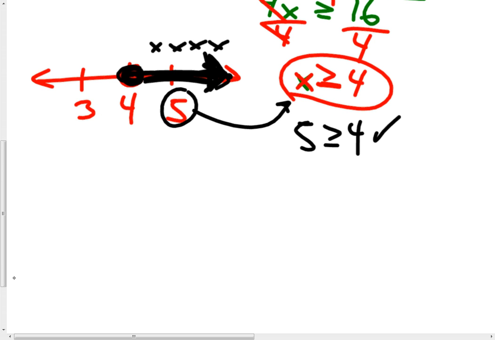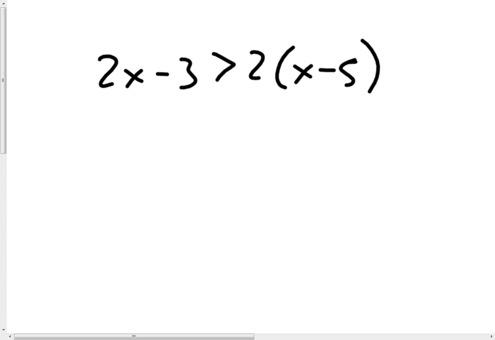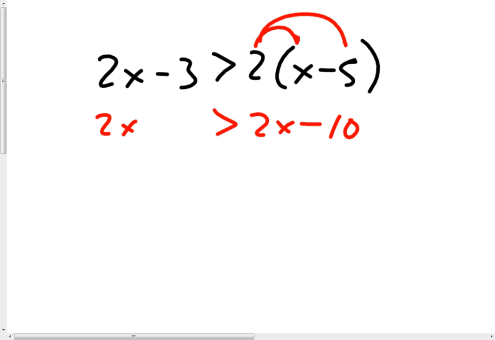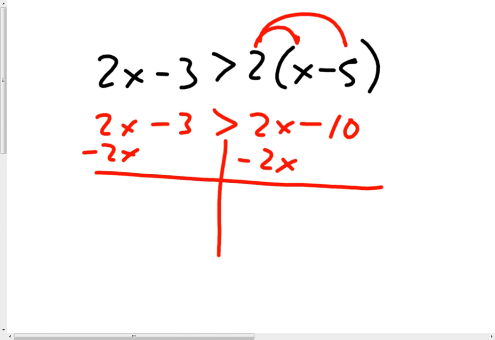Page 2. Special cases. Distributes. If I try to get rid of one of those x's, what happens to all the x's?